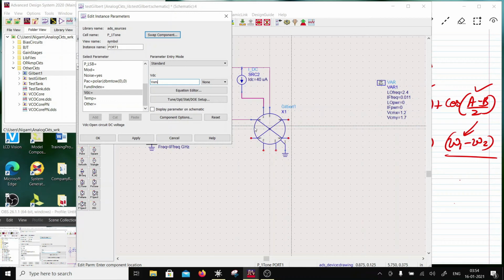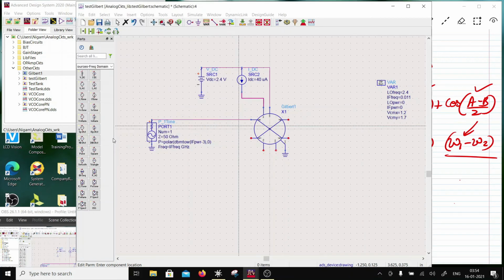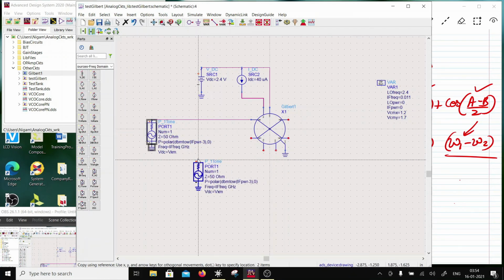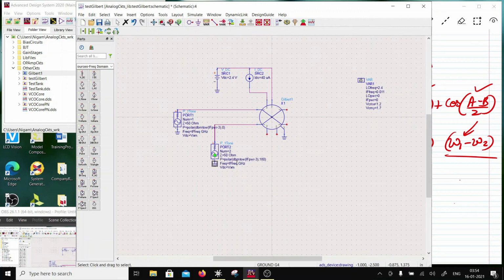Vxm is 1.2. I'm going to display this. Then I'm going to repeat this and give a 180-degree phase shift. So this is Vxm, and here this is going to be 180. That's my differential input.